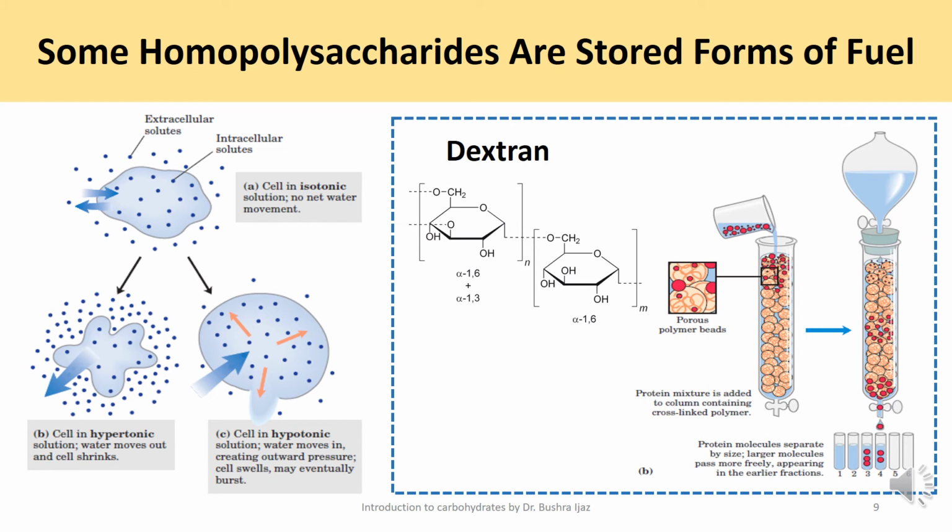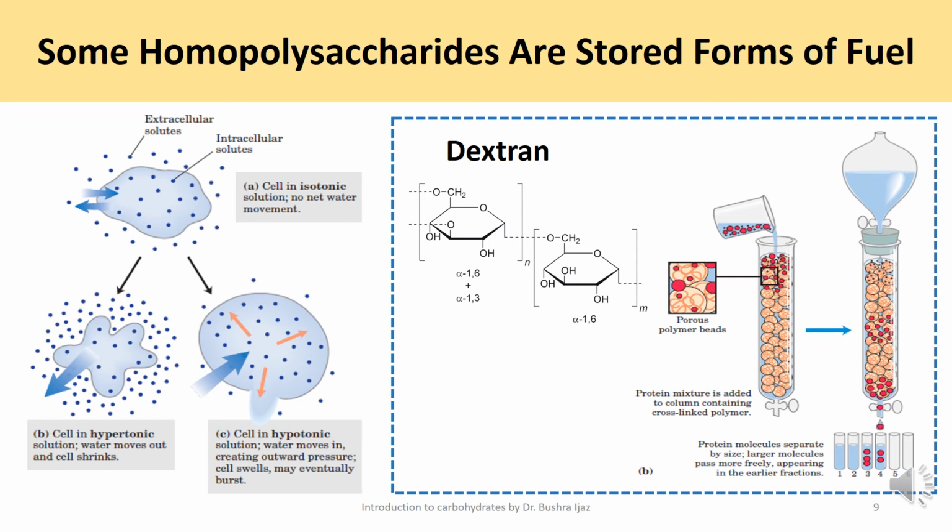Dextrans, which are also a kind of polysaccharide, are bacterial and yeast polysaccharides made up of linked poly D-glucose units, and all have alpha 1,3 branches, and some also have alpha 1,2 or 1,4 branches.